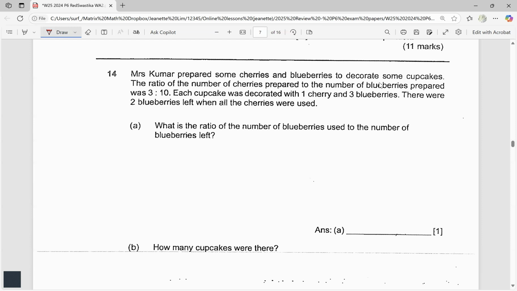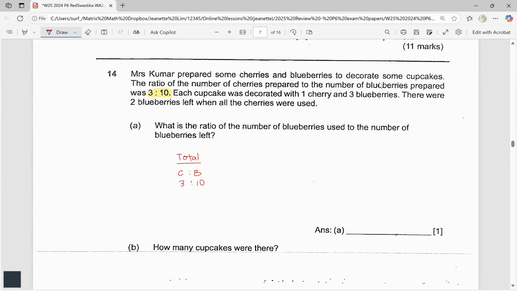Okay, sorry, the 3 to 10 first. 3 to 10 will be talking about the total number of fruits that she has at first. So cherries, blueberries, 3 to 10. Okay, this is what she has. The ratio of what she has at first.